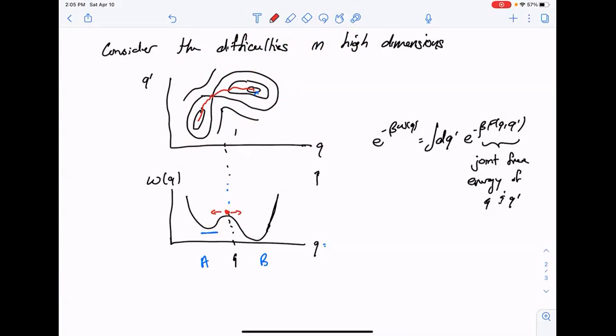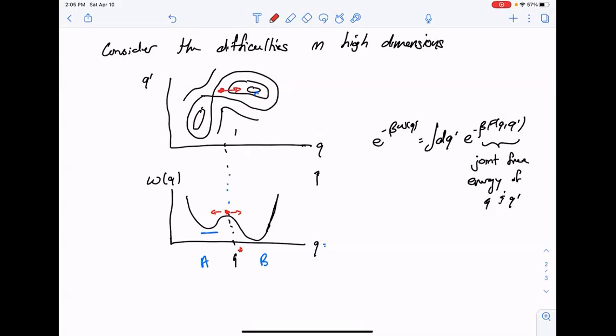That at a configuration, if I happen to draw a Maxwell-Boltzmann distributed velocity that points me to the right, I would end up going to B. If I happen to draw a Maxwell-Boltzmann distributed velocity that's pointing me to the left, I would go to A. However, from this two-dimensional picture, it should be clear that if I happen to pick a configuration at Q star that was here, it doesn't really matter what velocity I get, as long as it's not really big negative.